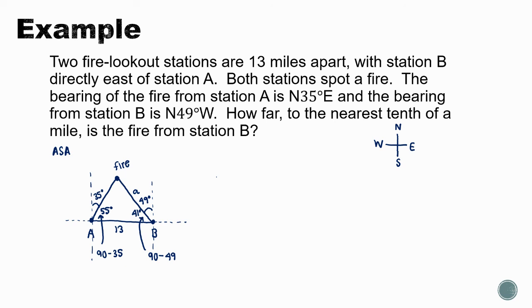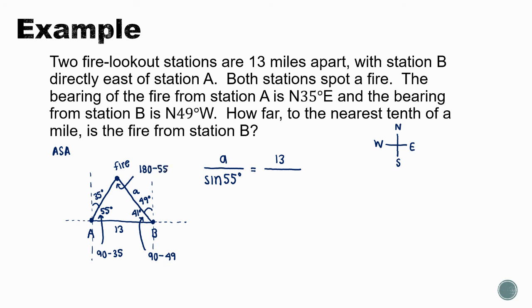Because I want to find side a, I want a to be over the sine of the angle across from it. So that's the 55-degree angle. That equals, notice that the only length we have is 13. The angle across from it is the angle that we don't have. But three angles of a triangle add to 180.